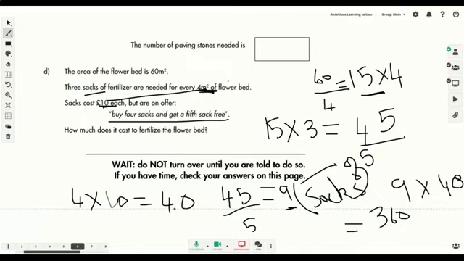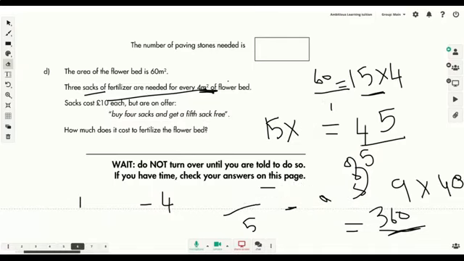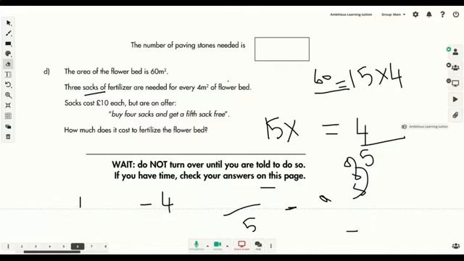And then multiply what you got, 9 lots, by 40 pounds. That gives you £360. That's the cost if you buy 4, so you're getting the fifth one free. Remember, you're getting one free in that. So we are done with this one. So let's move on to the next one.